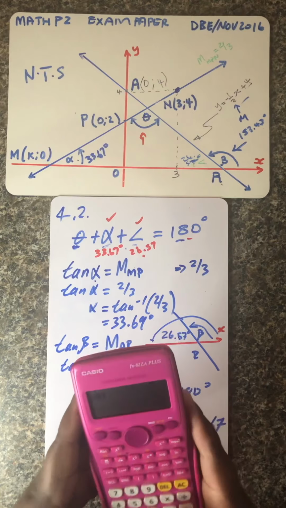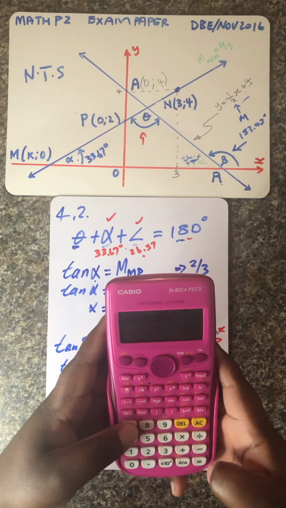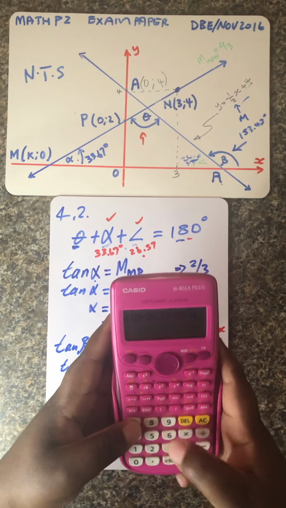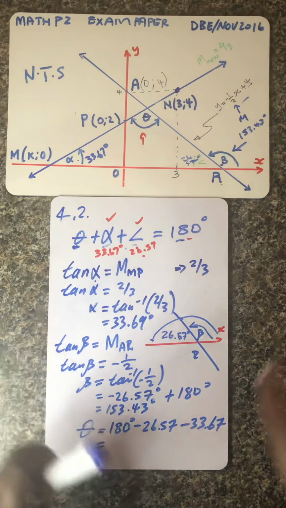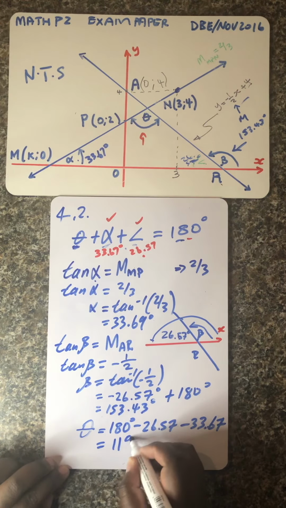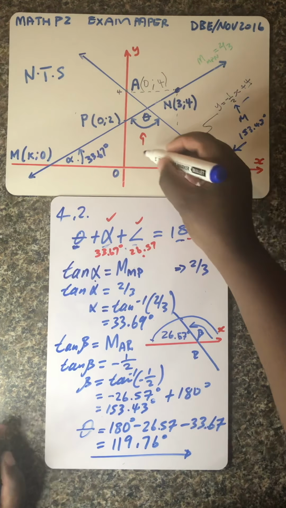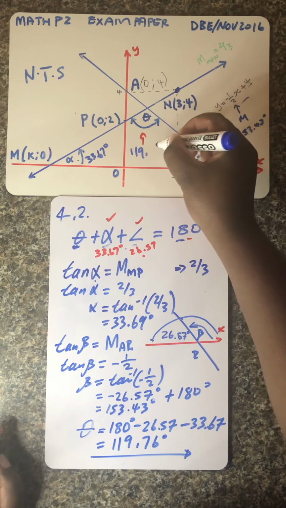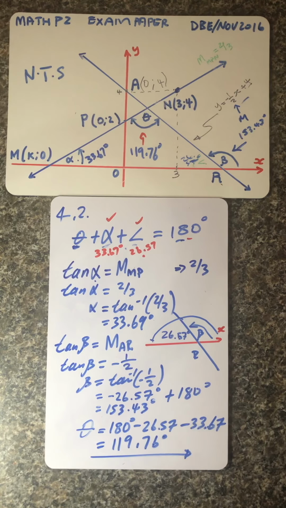So just pull out your calculator. 180 minus 26.57 minus 33.67 equals 119.76 degrees. So guys, that means that angle is 119.76 degrees.